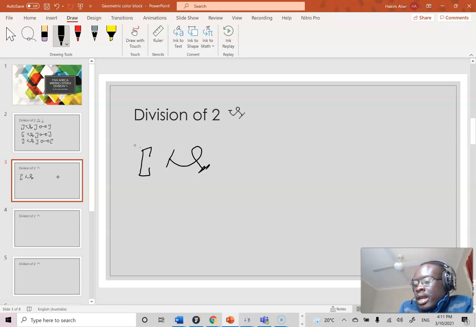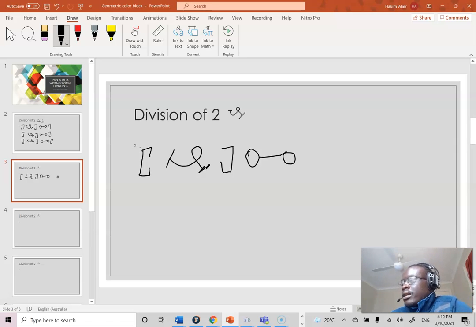How do you write 2 again? 2 is written this way, and that is number 2. So 8 divided by 2, it's going to give you 4, right? And you know really well how you write 4. 4 is written this way like that. So 8 divided by 2 will give you 4. So now we can continue on.